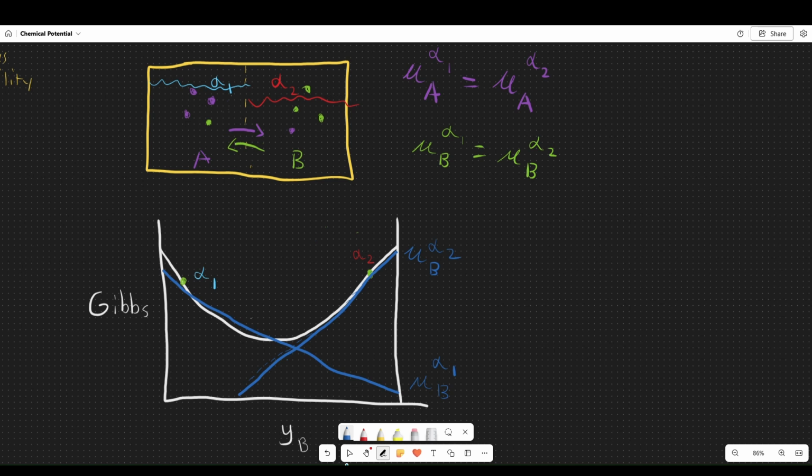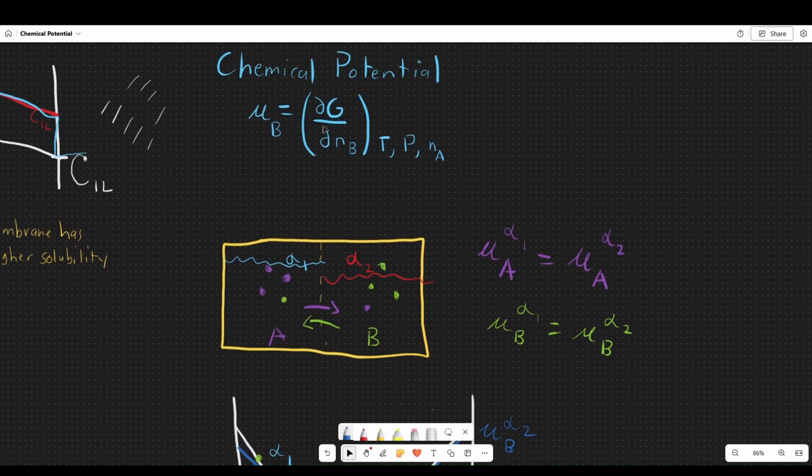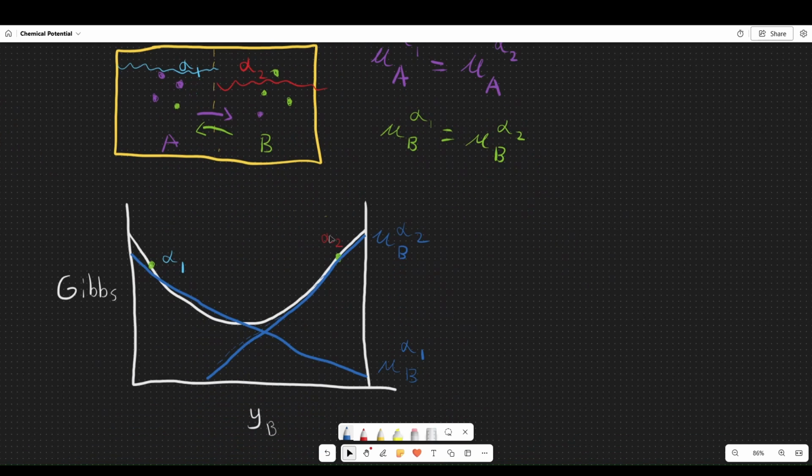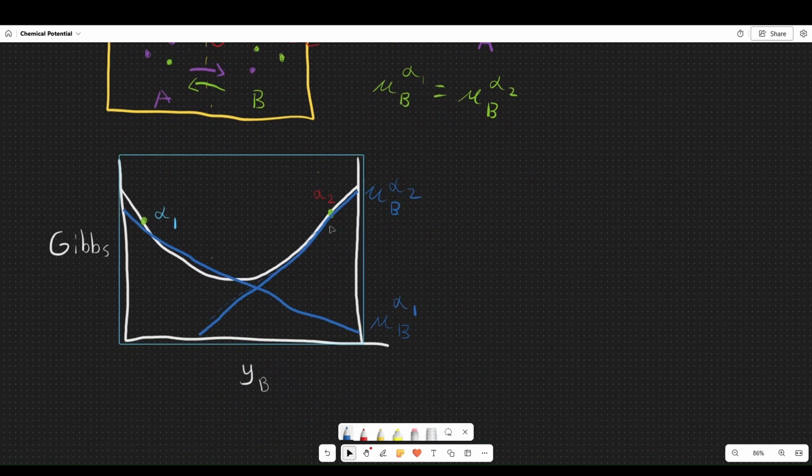This is caused by the tangential lines because remember the chemical potential is defined as the derivative of Gibbs free energy. And so what we can see is that initially these chemical potentials in alpha 2 and alpha 1 are not equal, and therefore the system is not at equilibrium.